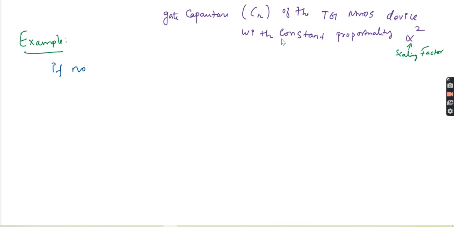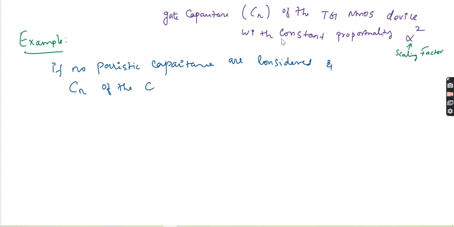If no parasitic capacitances are considered, and the gate capacitance, that is the Cn, okay, of the clamp device NMOS. So Cn is the gate capacitance for the N transistor. Cp means gate capacitance for the P device.